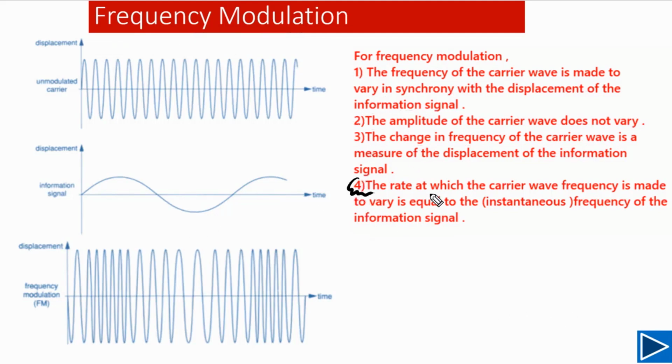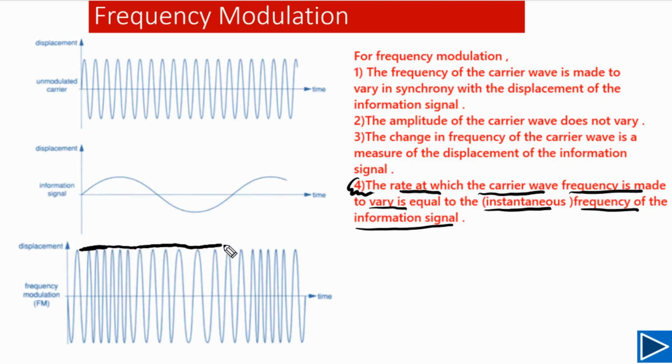The last point is simply telling us the rate at which the carrier wave frequency is made to vary depends on the instantaneous frequency of the signal. So it simply means the number of times the frequency of the carrier wave, or we can say the frequency of the modulated wave, increases, decreases, and increases again depends on the frequency of the signal.